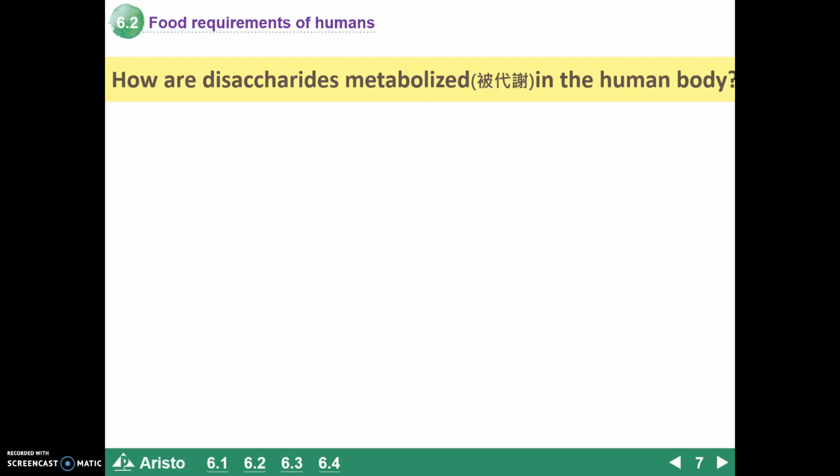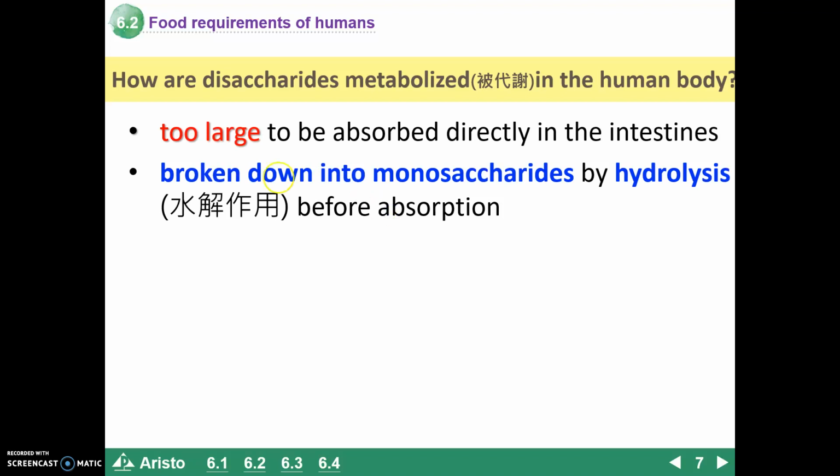They can be absorbed in the small intestine directly because they are small enough, and they can also enter the respiration reaction directly. But disaccharides are not. Disaccharides are too large to be absorbed directly in the small intestine. The molecular size is not small enough.